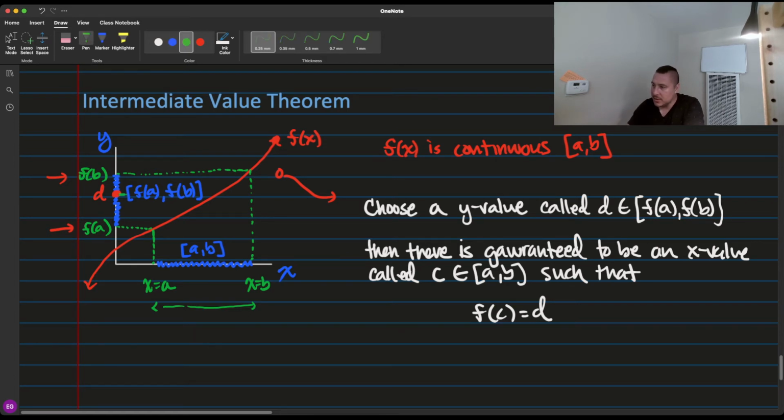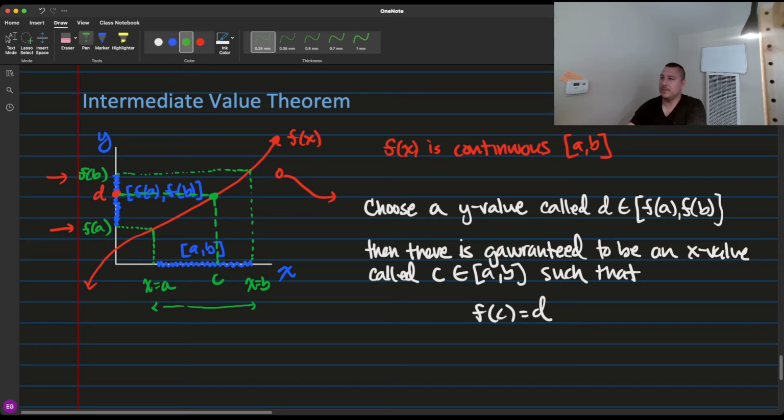And if you draw a line off to the side, you can see that there's this point right here on the graph that has a y value of d. The intermediate value theorem is telling us that if you go down to here, there's some x value c between a and b, so that f of c is equal to d.